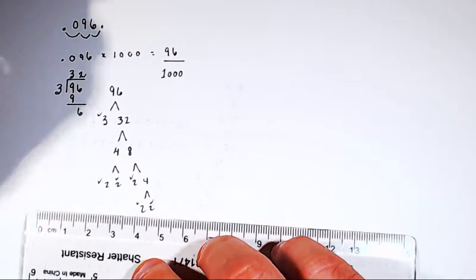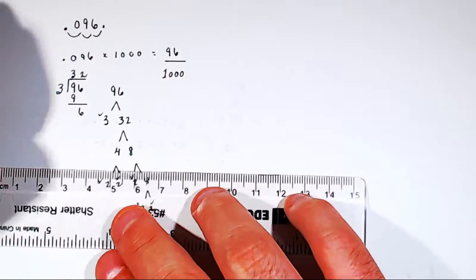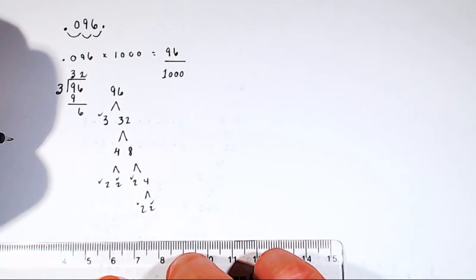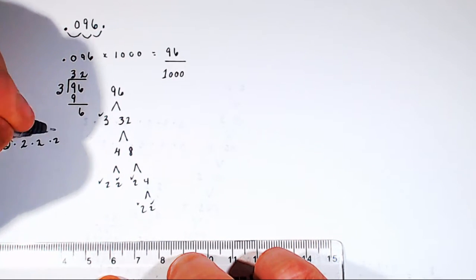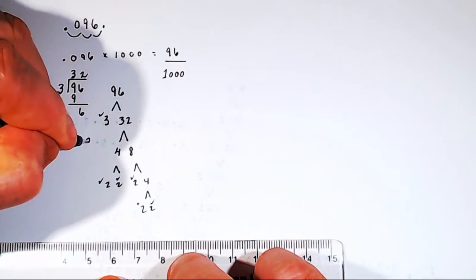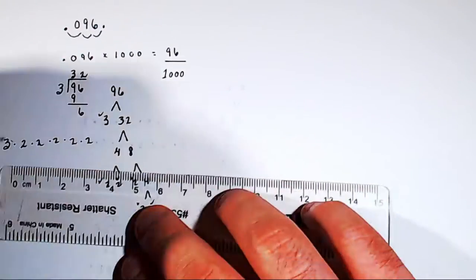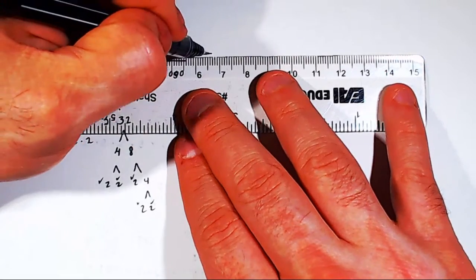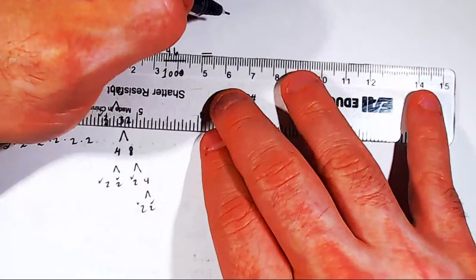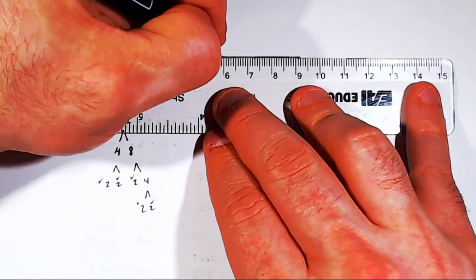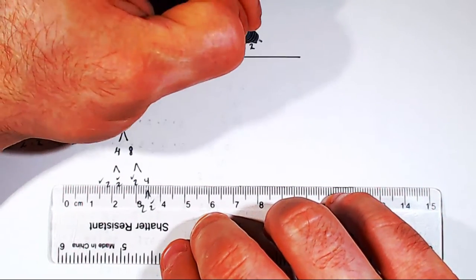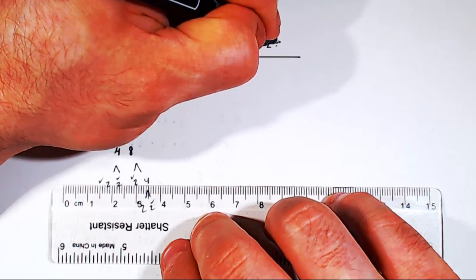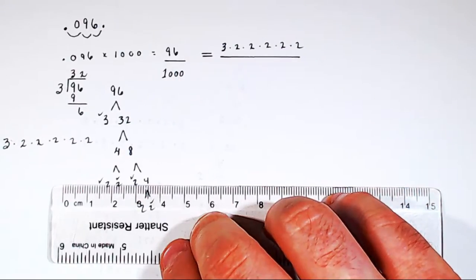So we have here the prime factorization of 96 as 3 times 2 times 2 times 2 times 2 times 2. All right, so we'll write that up here. Three times 2 times 2 times 2 times 2 times 2.